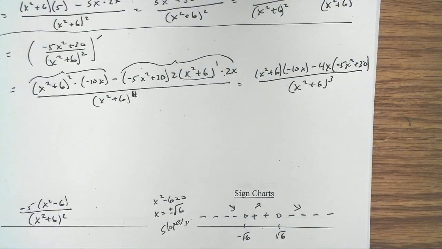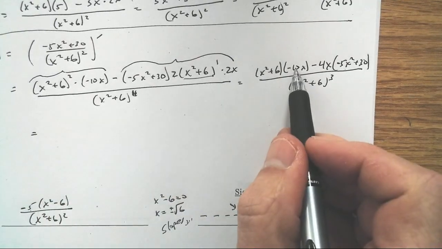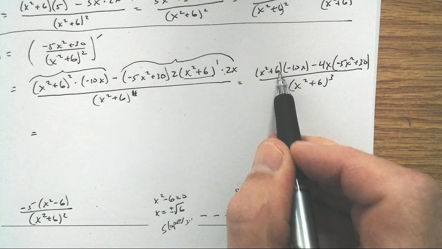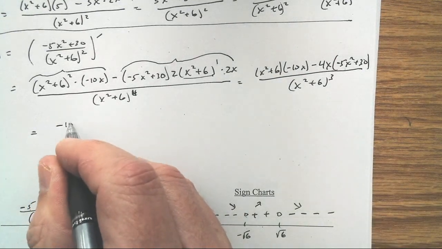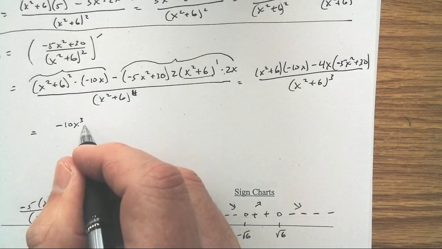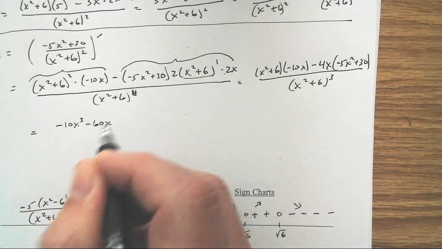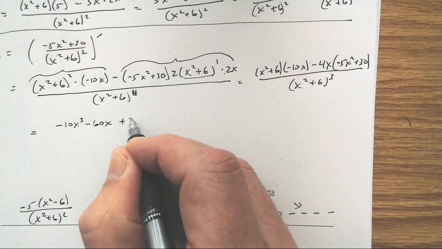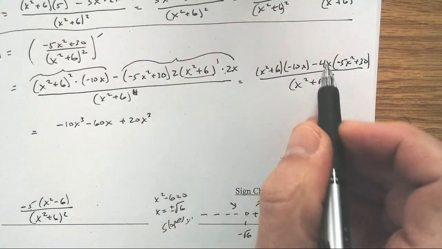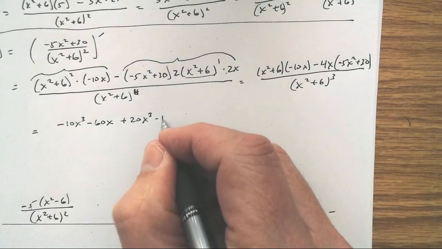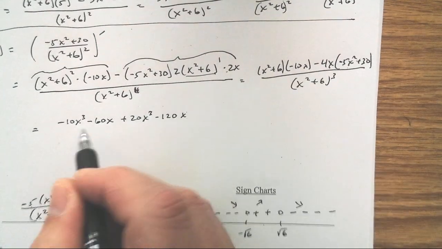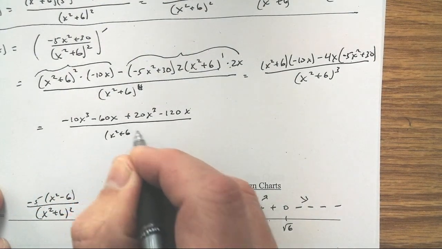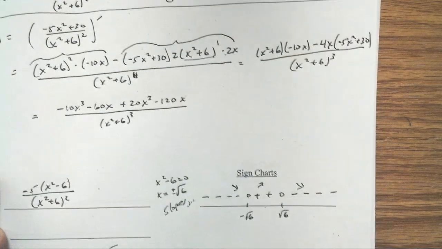And now I'm going to do some simplifying. I'm going to distribute that negative 10x in here, and I get negative 10x cubed minus 60x. I'm going to distribute this in here. I get plus 20x cubed minus 120x, all on x squared plus 6 quantity cubed.